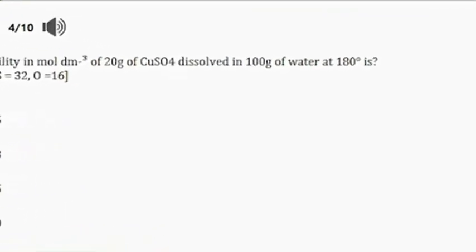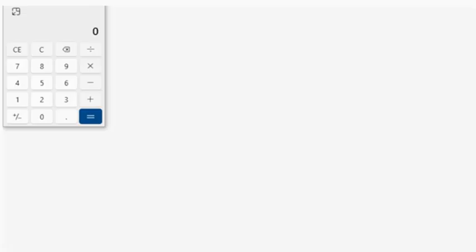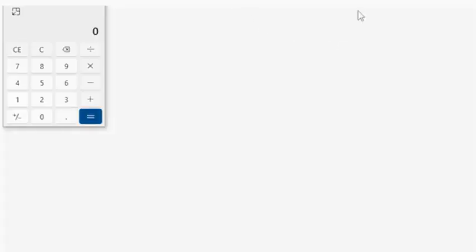So guys, let's just quickly zoom into our workspace here. The first thing to remember is that the number of moles of a substance is the reactant mass over the molar mass. So number of moles is always the reactant mass over the molar mass. So we're going to write it down here.